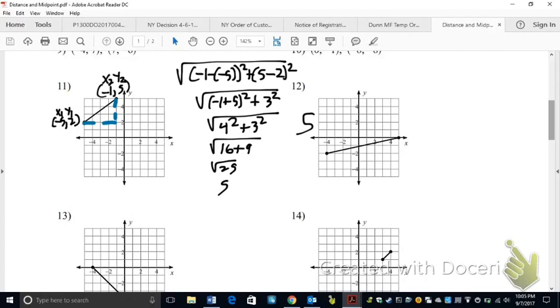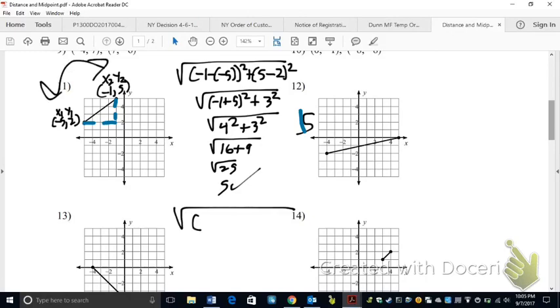The distance from here to Sedona is the same exact as the distance from Sedona back to here. So it doesn't matter whether you're figuring out the distance from negative 1, 5 to negative 5, 2, or whether you're figuring out the distance from negative 5, 2 to negative 1, 5.